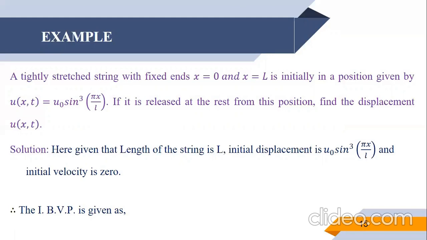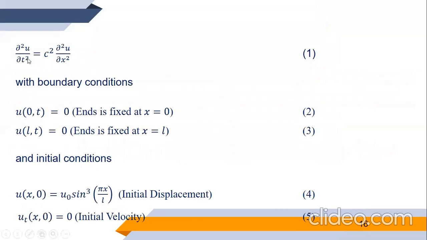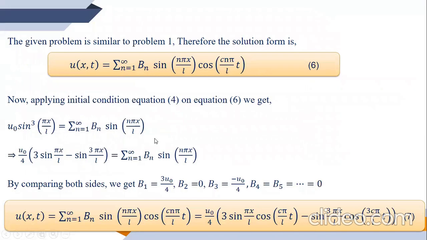Therefore, the initial boundary value problem is given as the one dimension wave equation with the boundary conditions, equations 2 and 3, and the initial displacement is u0 sin cube(pi x by L) and velocity is 0. So this problem is similar to problem 1. Therefore the solution form is u(x,t) is the summation n is 1 to infinity bn sin(n pi x by L) into cos(c n pi by L into t).